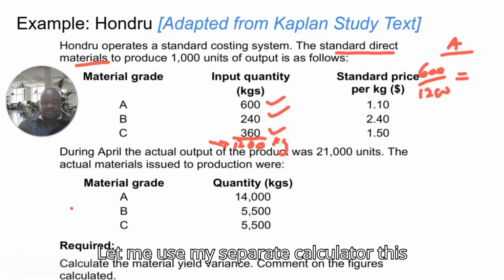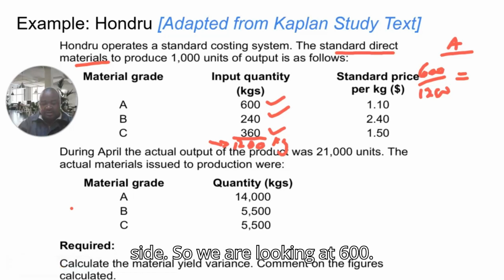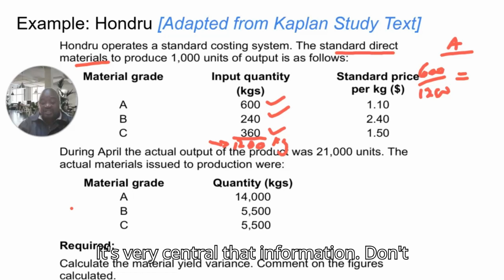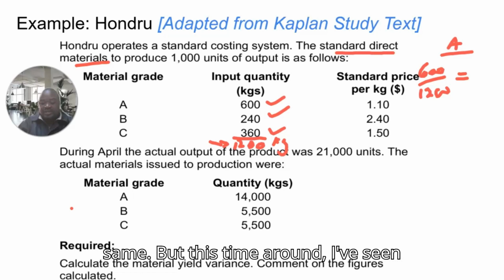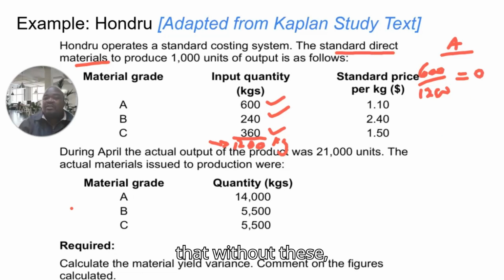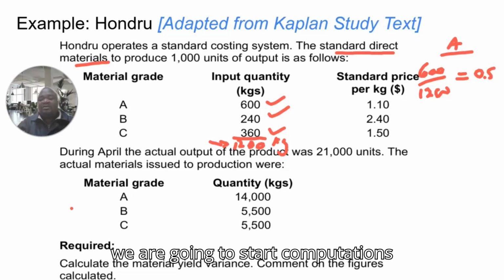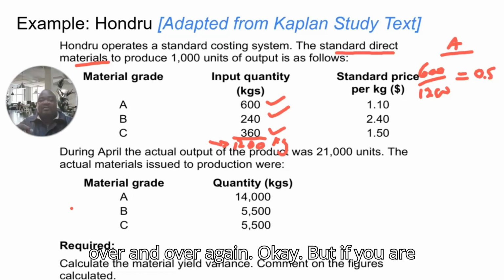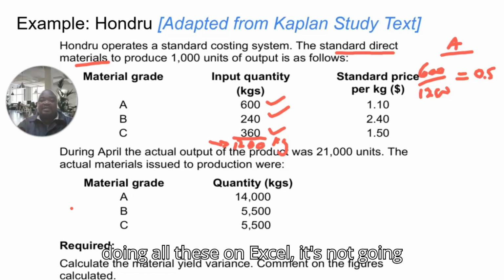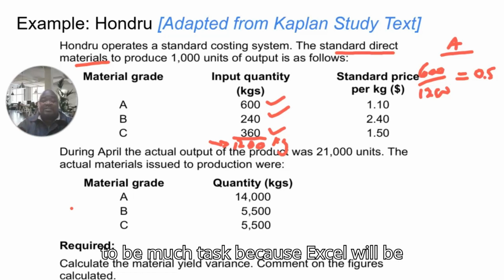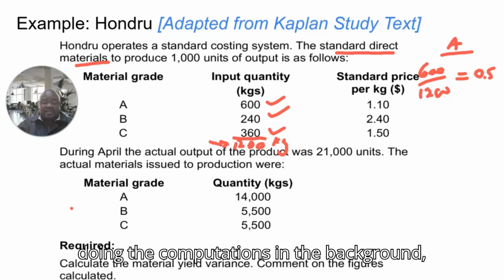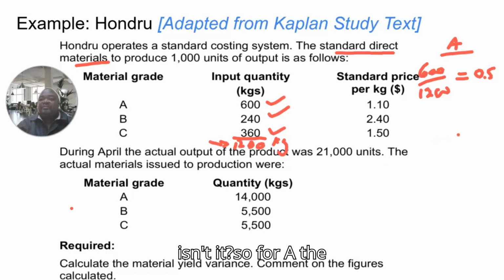It's very essential, that information. Don't say you're now starting something new again. No, we are still doing the same, but this time around, without this, we would start computations over and over again. If you are doing all this on Excel, it's not much of a task because Excel will be doing the computations in the background. So for A, the ratio should be 0.5 of the total.